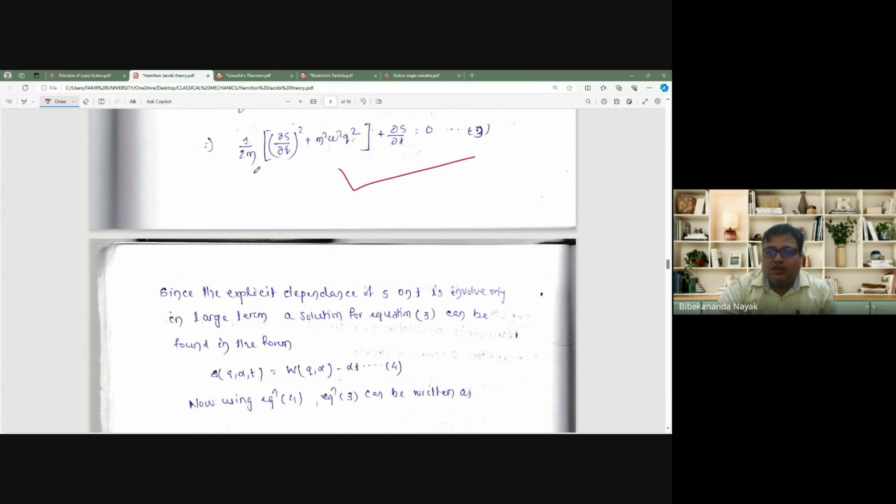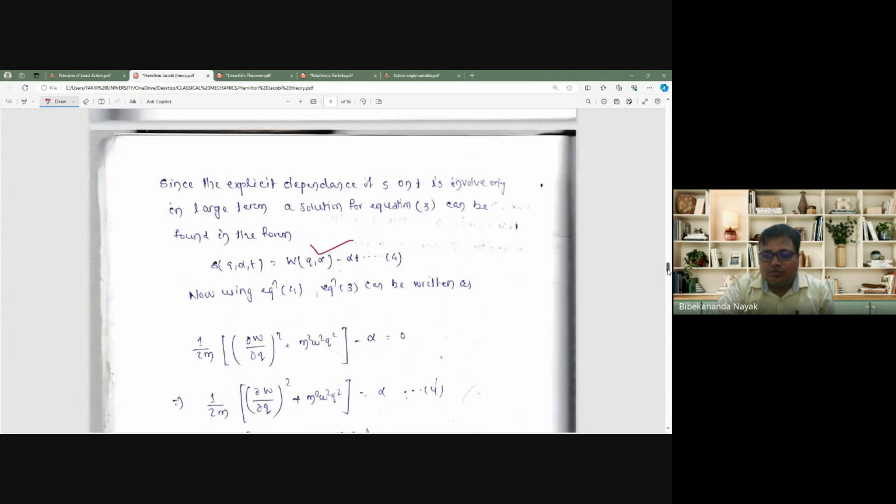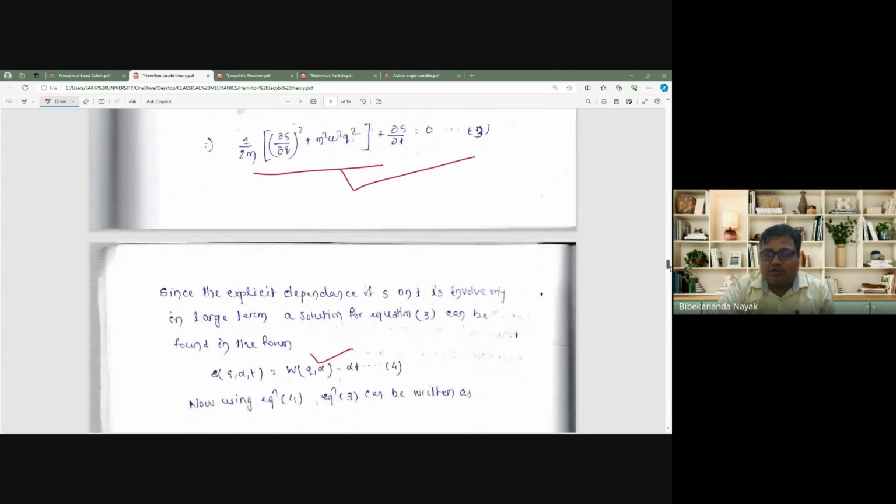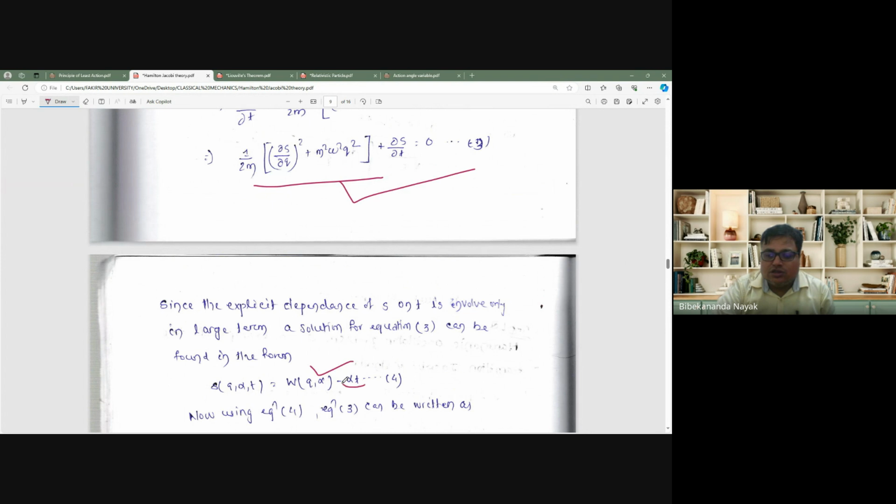There is no t in the Hamiltonian. When the Hamiltonian is t independent, we can write s as W(q, alpha) minus alpha t. Then del s by del q will be del W by del q, since there is no t, and del s by del t will be minus alpha.